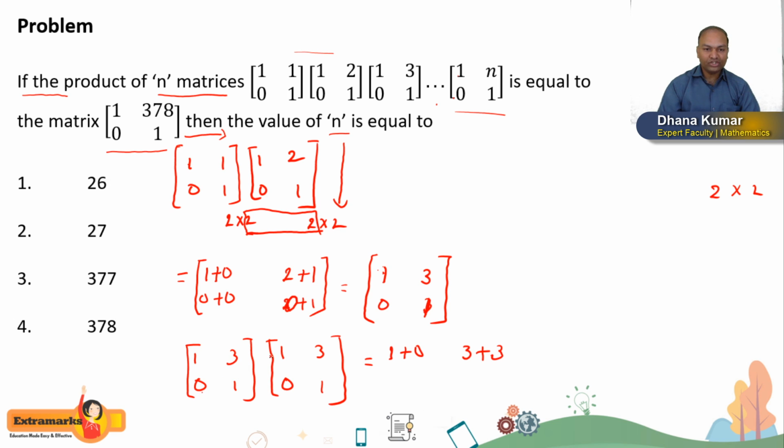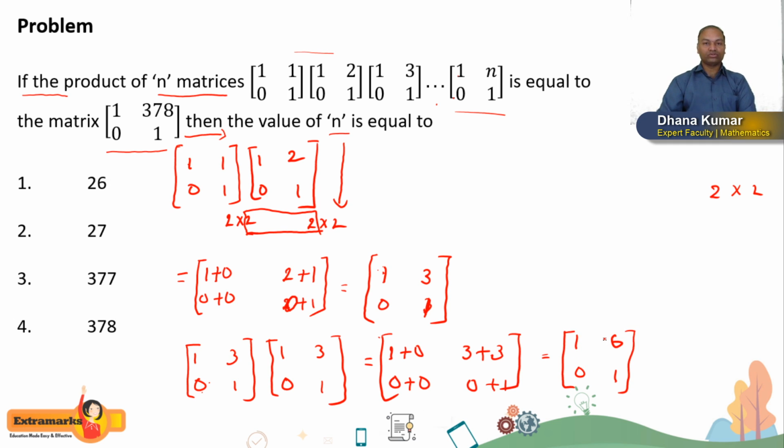Next, 0 into 1, 0; 1 into 0, 0; 0 into 3, 0; 1 into 1, 1. So that is equal to 1, 3 plus 3 is 6, 0, 1. Here also we got the same format only.